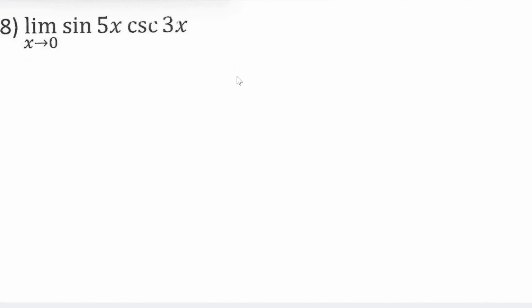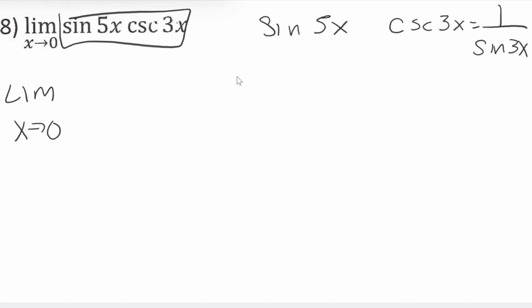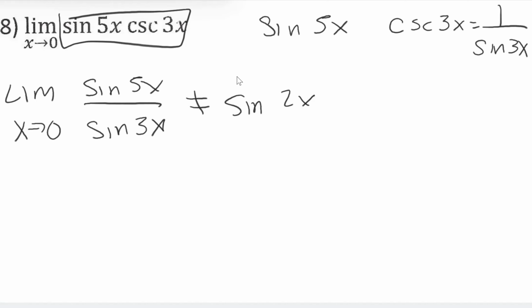Fractions. So I need everything in a fraction. I have sine of 5x, and remember cosecant 3x is the same thing as 1 over sine of 3x. So this is sine of 5x over sine of 3x. And no, that does not equal sine of 2x.